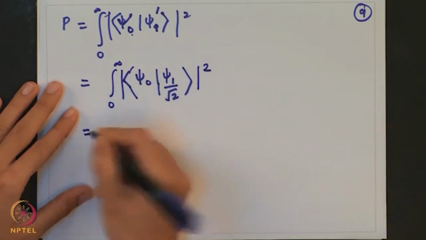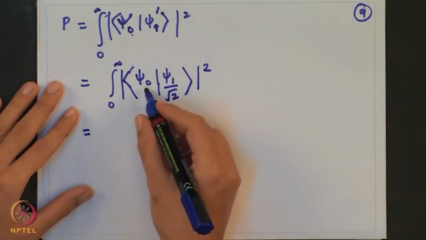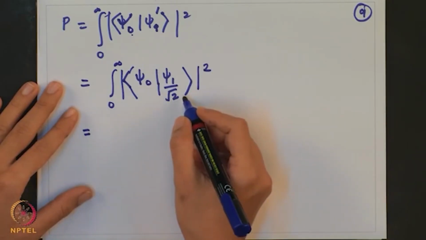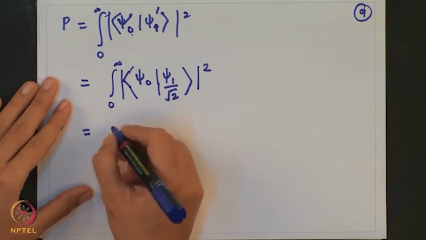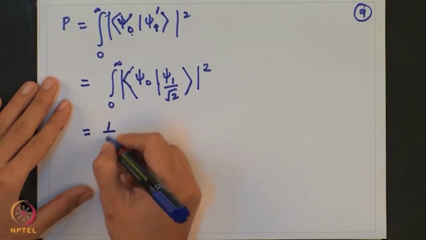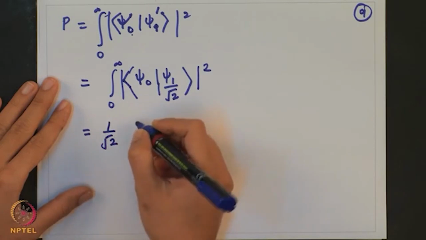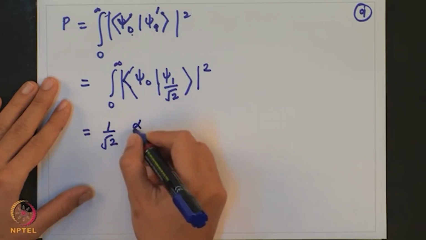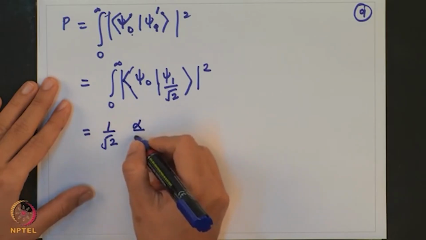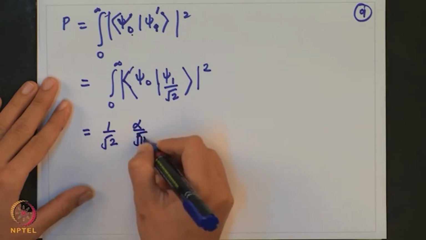Now, when I rewrite the entire expression of psi naught and psi 1 from the given expression, what I obtain is 1 by root 2 times alpha by square root of pi.